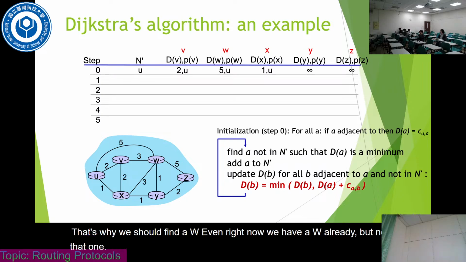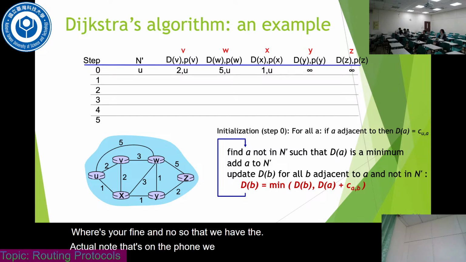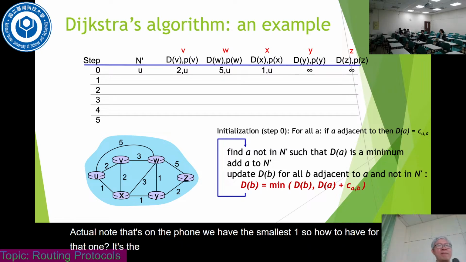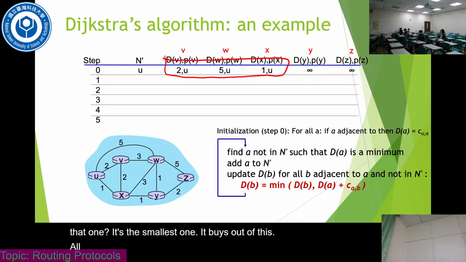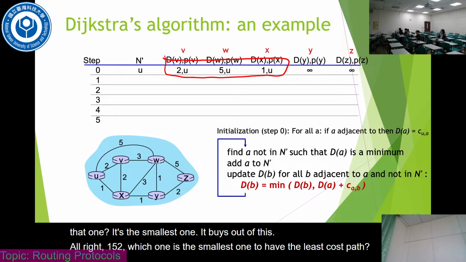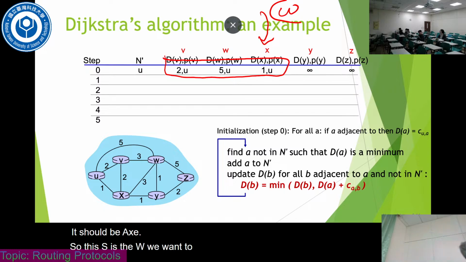We should find a node, based on the current one, that has the smallest cost. So how to find that one? It is the smallest one, based on this. All right, 1, 5, 2. Which one is the smallest to have the least cost path? It should be X. So this X is the w we want to find in the loop.